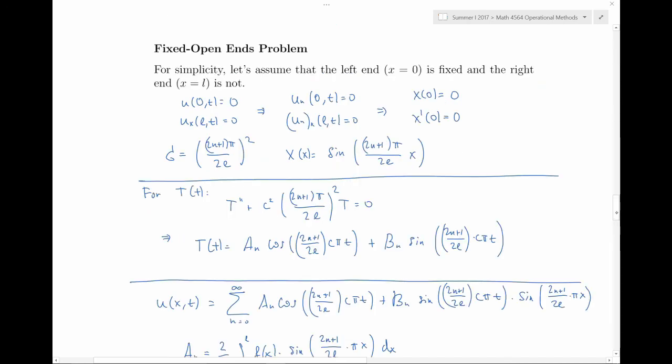We saw that the fixed end leads to the sine series expansion of both functions f of x and g of x, and when one end is open, it leads to quarter period expansion. We considered the case when the right end is open, and that led to the quarter period sine series. If we consider the case when the left end is open and the right end is fixed, then the only change will be that X of x will be the cosine rather than sine.